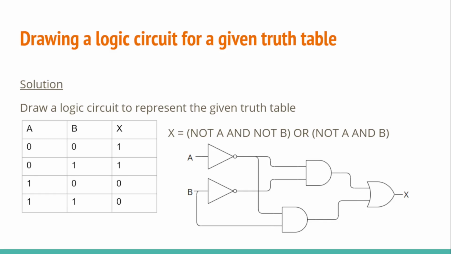And we have these going on here, where we have the first two rows to give us the output of 1, and we are going to combine each of those rows using AND gates. We have 0 for both inputs.